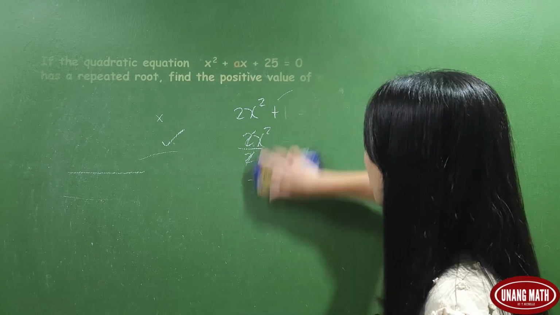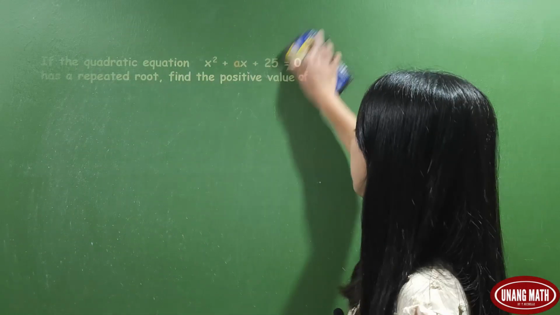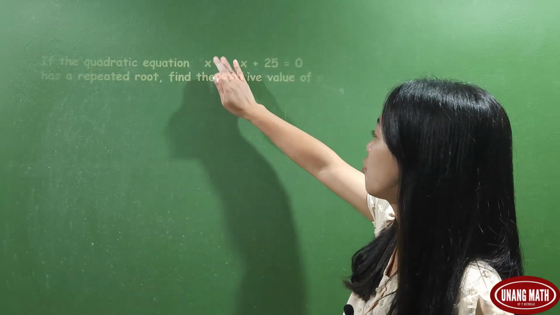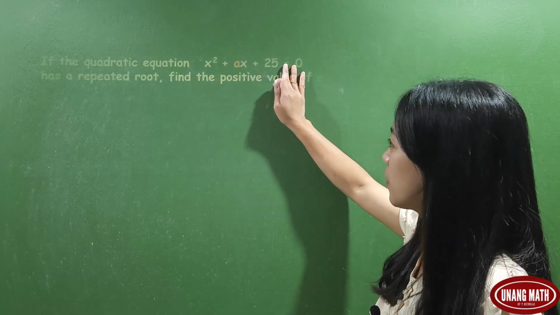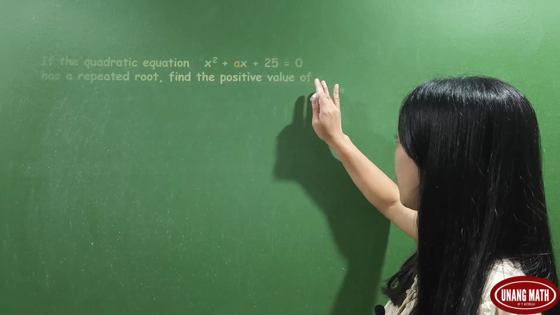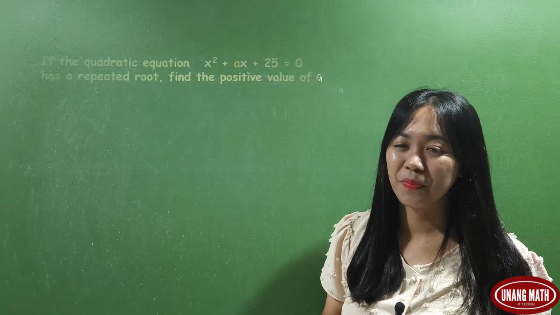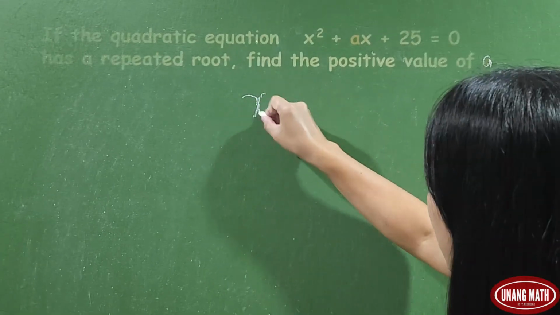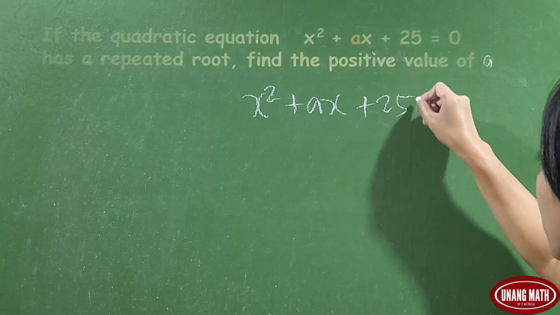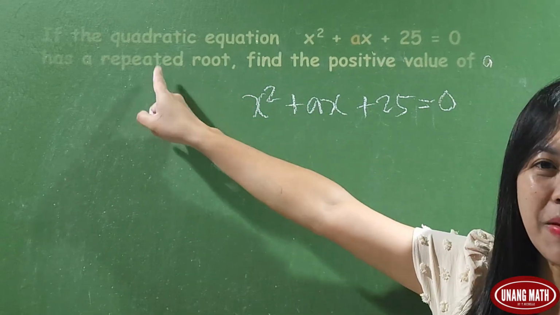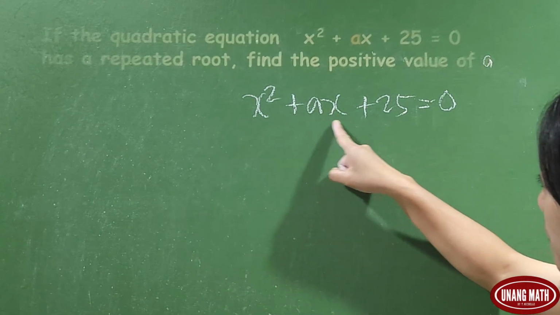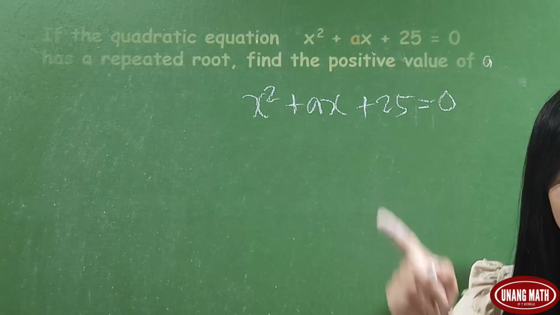Okay, now let's answer these simple questions. The first one is: if the quadratic equation x squared plus ax plus 25 is equal to 0 has a repeated root, find the positive value of a. This trinomial is a perfect square trinomial.